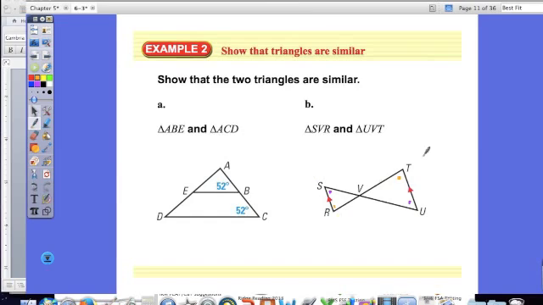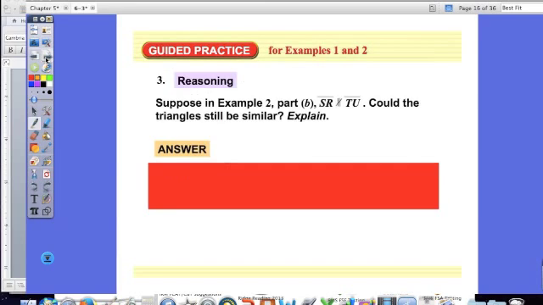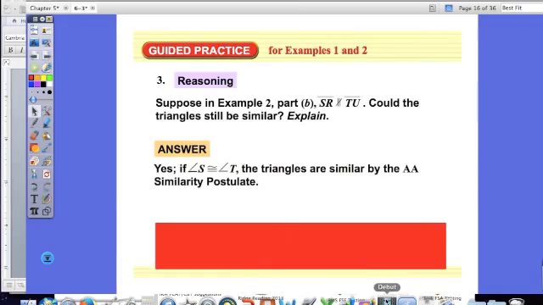If these lines are not parallel, then obviously SU or TR are not congruent. But we could have a situation set up where either S and T were congruent or R and U are congruent. While we can't tell from this drawing, it is still possible that the triangles would be congruent, even though with the information that we have right now, we cannot actually prove that.